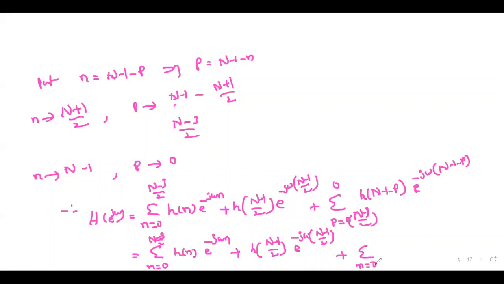We can do it. So summation n is equal to 0 to (N minus 3) by 2 of h of N minus 1 minus n into e power minus j omega of N minus 1 minus n. Okay. Now we know that for this case, h of n is symmetric. That means h of n is equal to h of N minus 1 minus n.